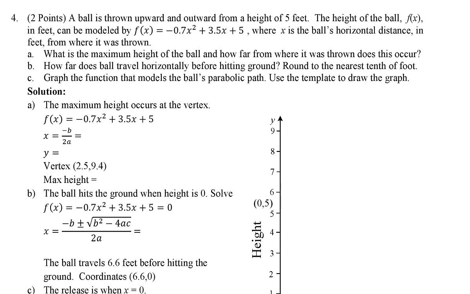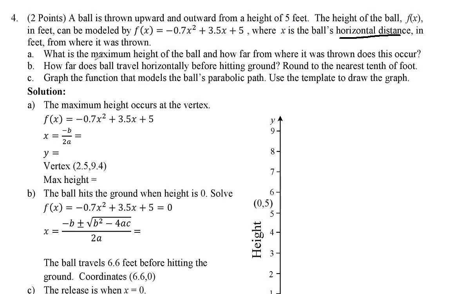So in this next example, we are looking at a ball that's thrown upward and outward from a height of 5 feet, and the equation of it's given by this function, negative 0.7x² + 3.5x + 5, and x is the ball's horizontal distance here, and that's in feet from where it was thrown.